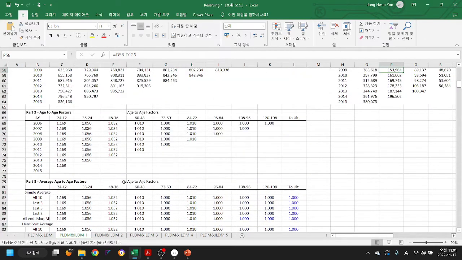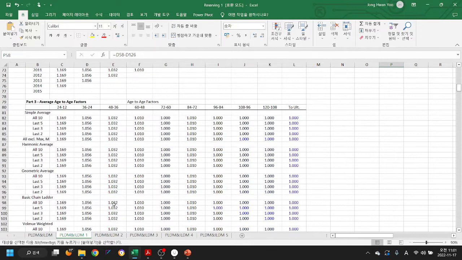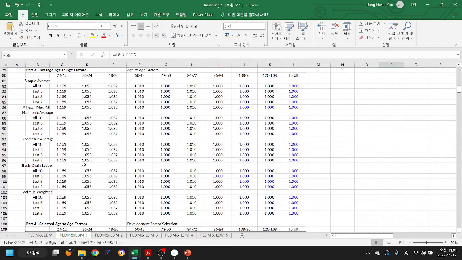Since I use the same payment ratio and reported ratio, this age to age factor for all different accident years and all different development years is all the same, you can look at it. Even though I put the formula here, later you can have a look at it, but it should look all the same.